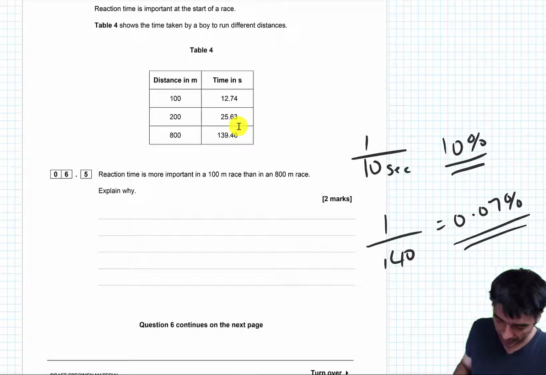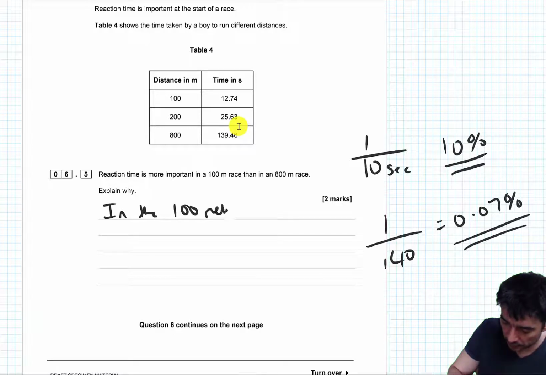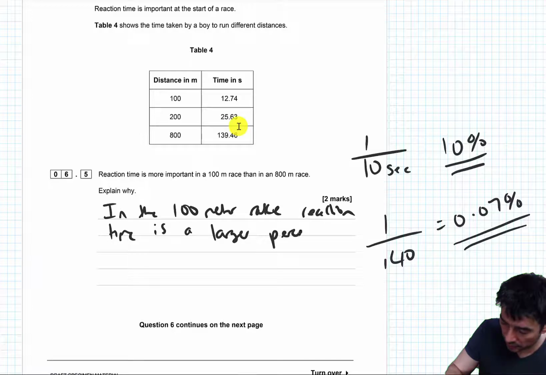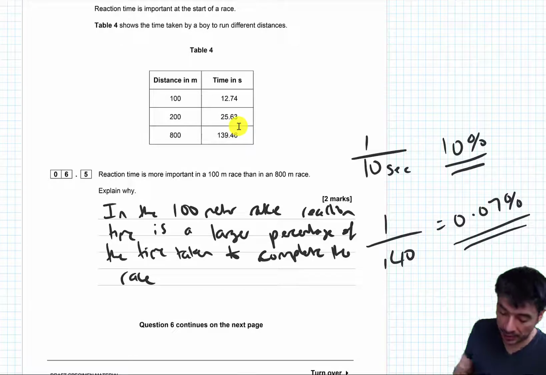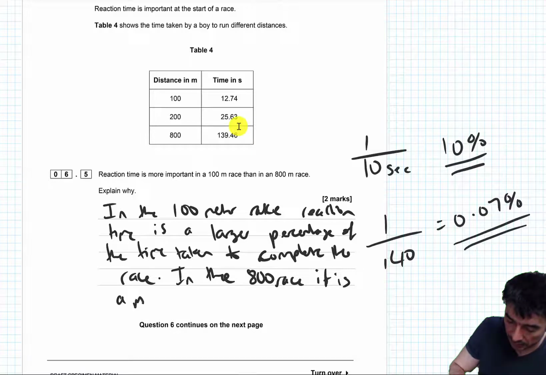So what we need to say is that in the 100 metre race, reaction time is a larger percentage of the time taken to complete the race. In the 800 metre race, it is a much smaller percentage.